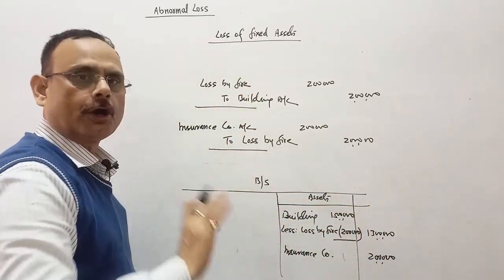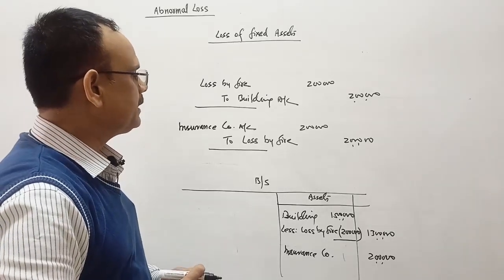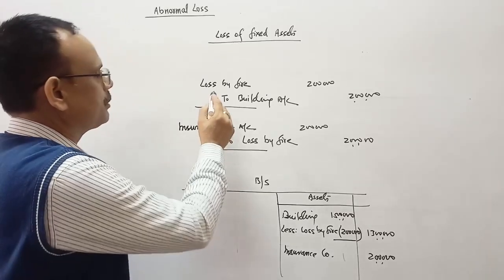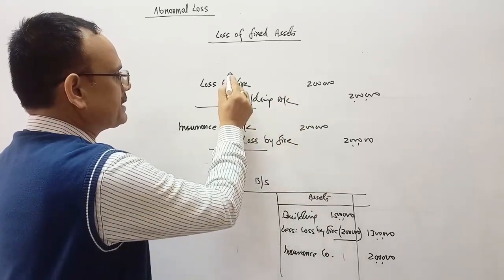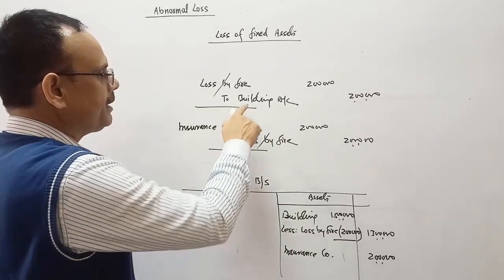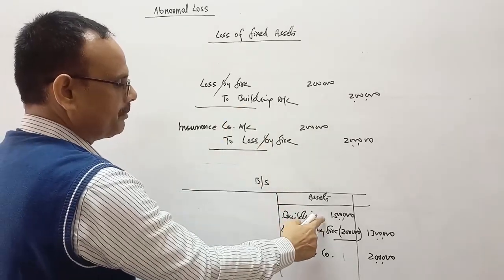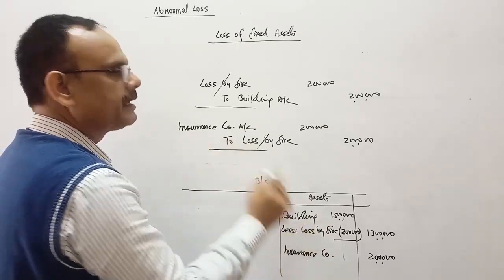There is no loss, because the loss by fire account debit and credit are cancelled and the ledger is closed. So this will be deducted from the building amount, and the insurance company will be reflected in the asset side.